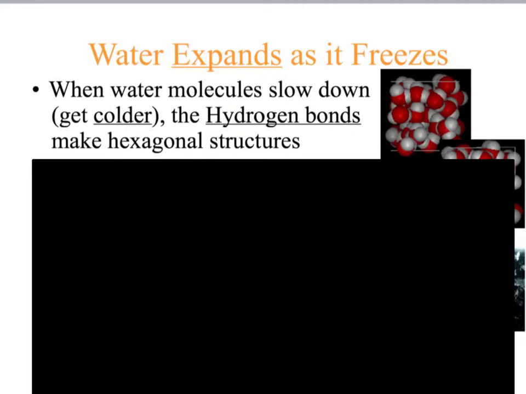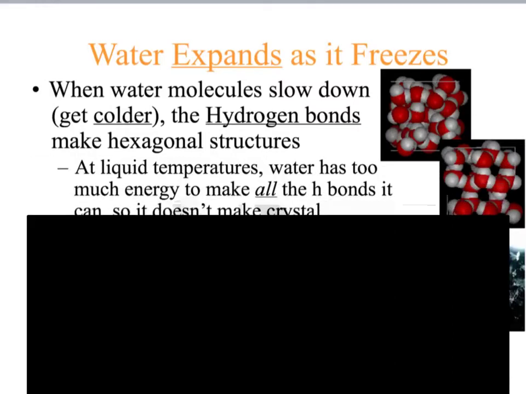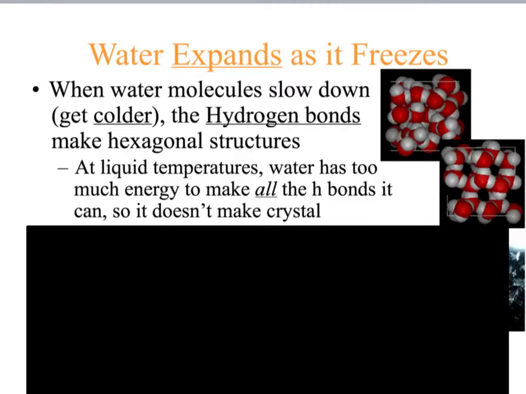That's not possible when water's moving faster, vibrating much, much faster. The structures don't hold because of the vibrations. But when it slows down, it can make those structures. And so it can go from looking like this, a jumbled up mess, to having these very cool hexagonal structures and look like crystals.